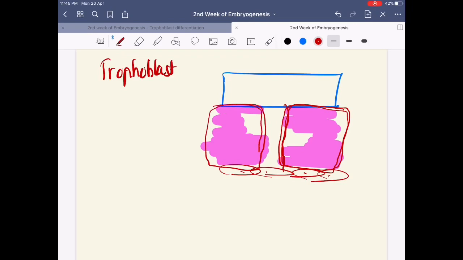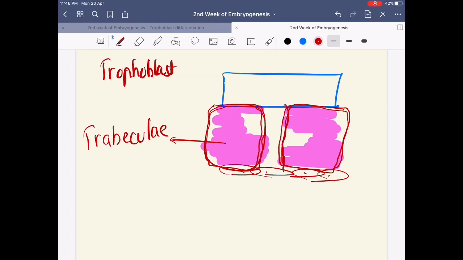There are pillar-like portions of the syncytiotrophoblast which are separated by these large lacunae. This pillar-like portion is called a trabeculae. Hope it's clear. It's a portion of syncytiotrophoblast that is separated by these lacunae.